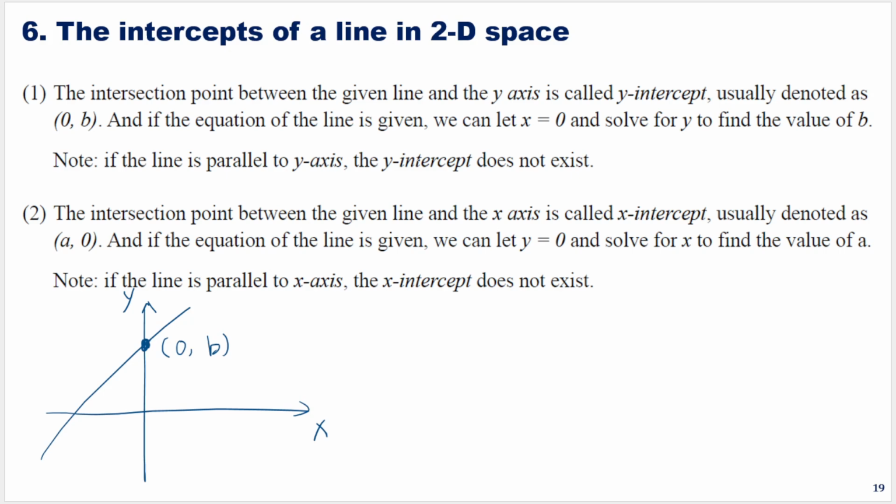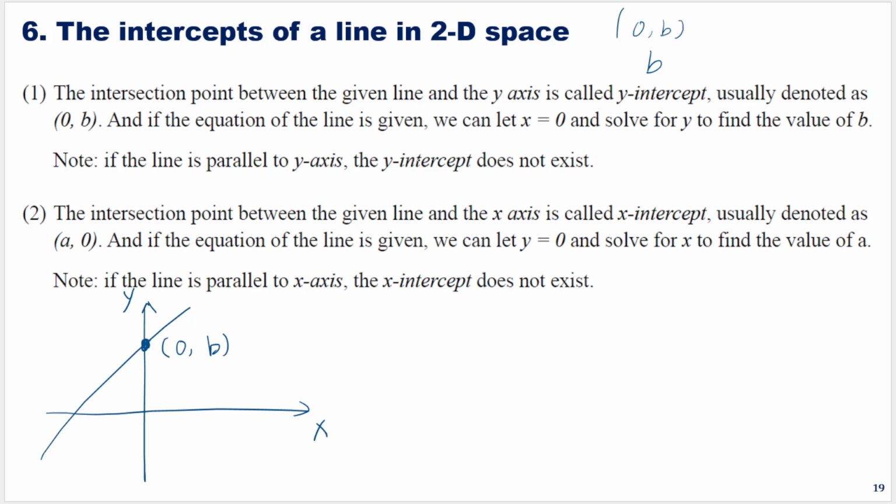So strictly speaking, you should give both x and y coordinates of the y-intercept. But in some textbooks, it's also fine to just give the y coordinate, because we know that for the y-intercept, the x coordinate must be 0, right? So you could either say the y-intercept is (0, b), or you could also say the y-intercept is just b. Both are okay.